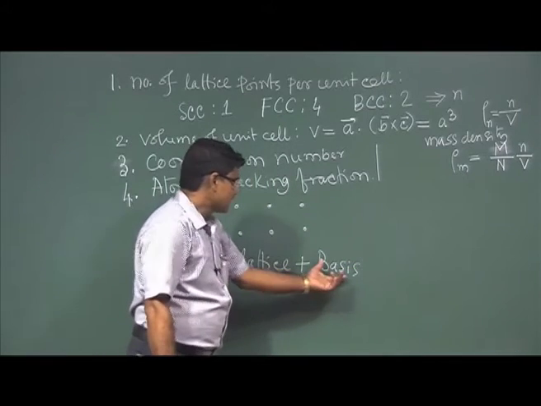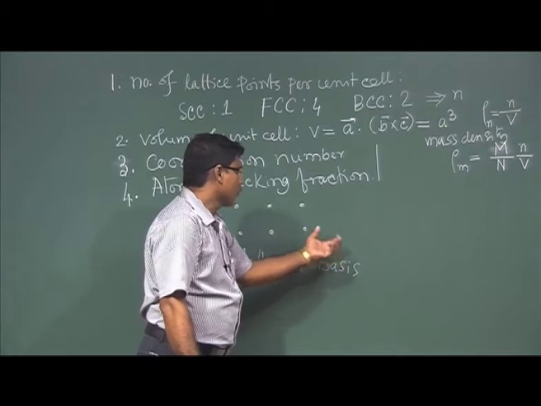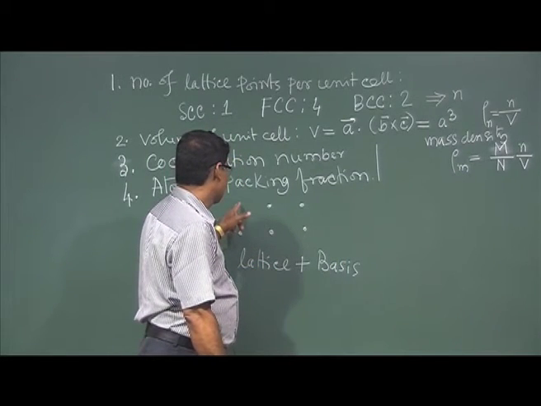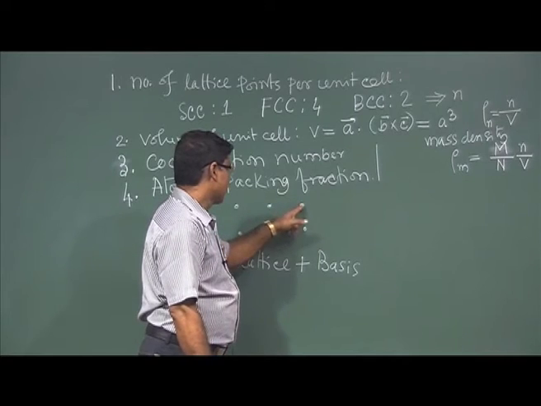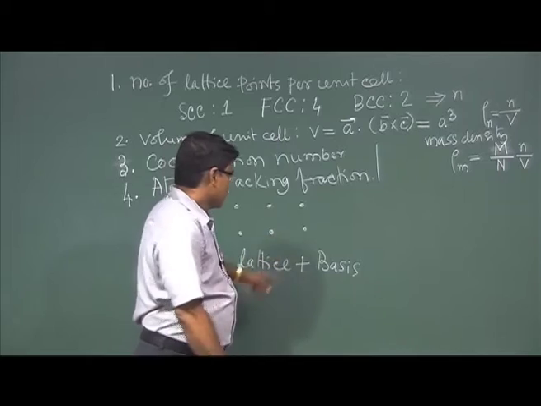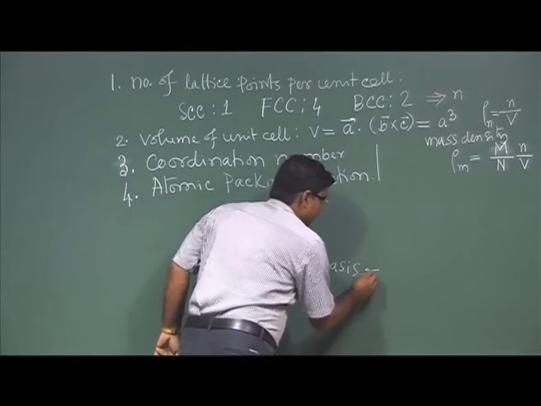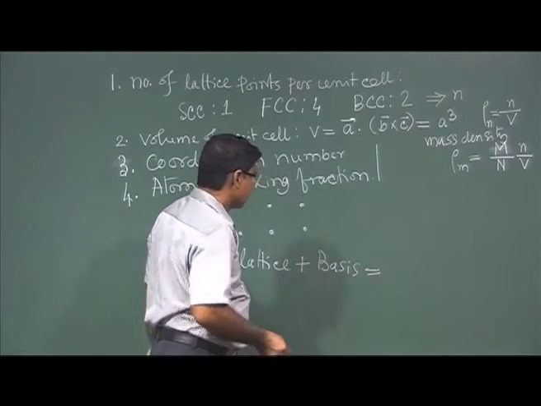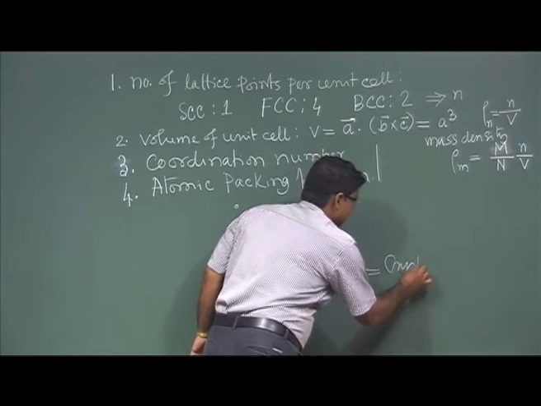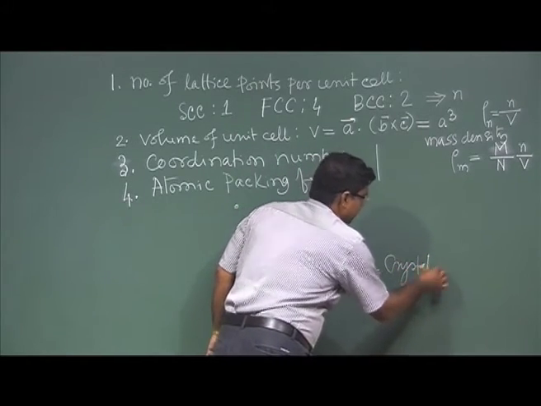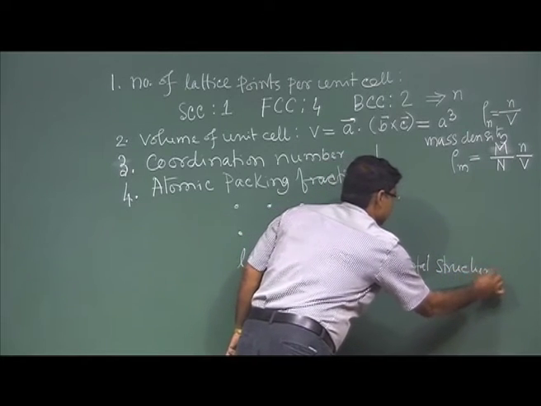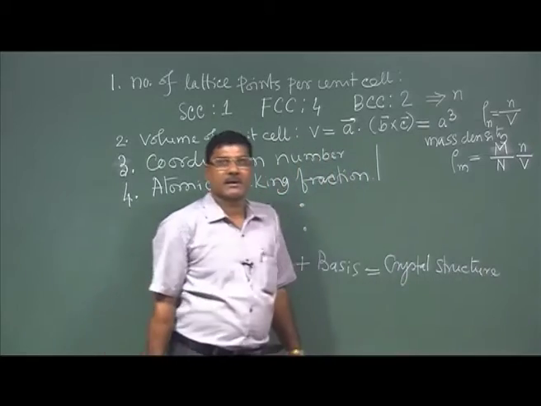So basis is an atom or a group of atoms attached with each lattice point in the same manner. Then the resultant one is the crystal structure, real crystal structure.